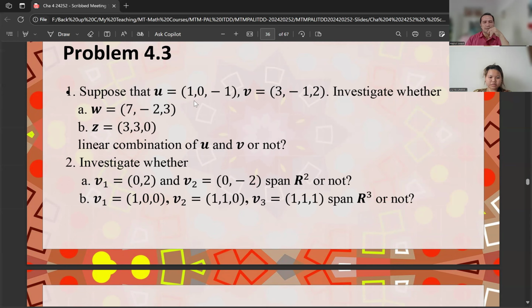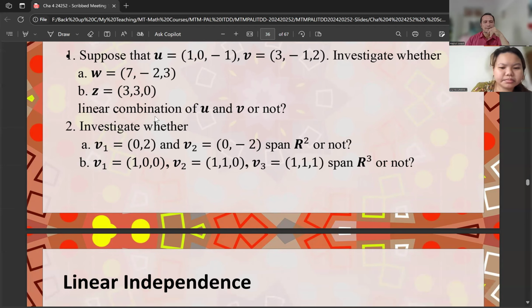And these are some problems to show whether something is a linear combination or not. In problem one, we have two vectors u and v, and we want to show whether w is a linear combination of u and v or not. Also in b, whether vector z is a linear combination of u and v or not. So we have already shown how to determine linear combination.